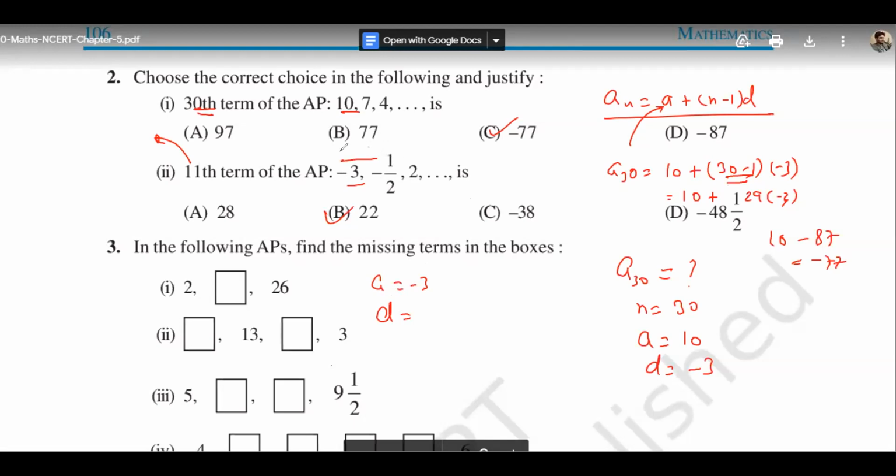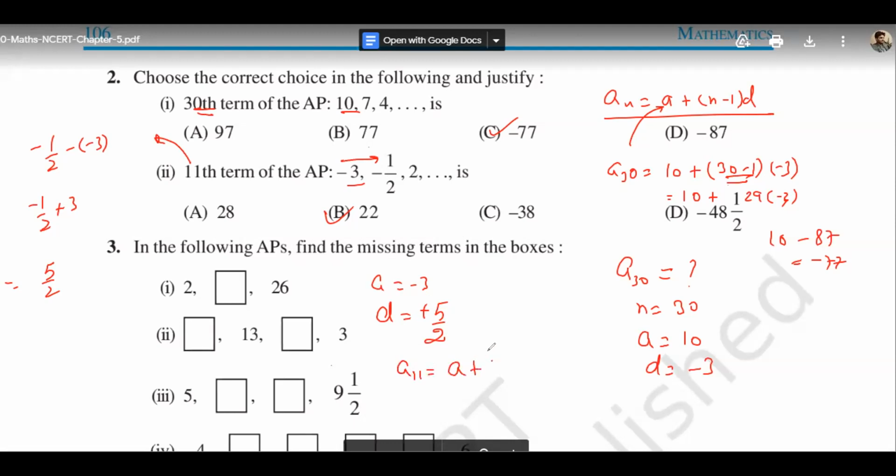You know that it is increasing from minus 3, so D will be plus. Or we can consider that when you subtract minus 3 from minus half, you get minus half plus 3, and from 3 you subtract half, that will be 5 by 2. So D is 5 by 2.